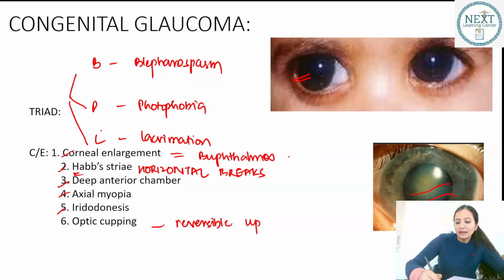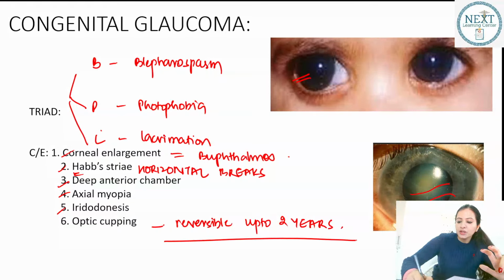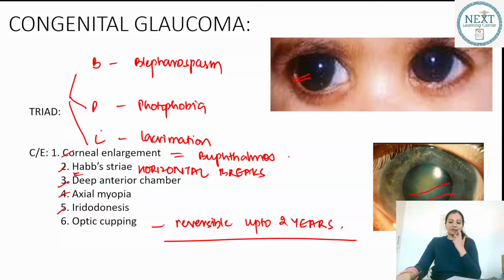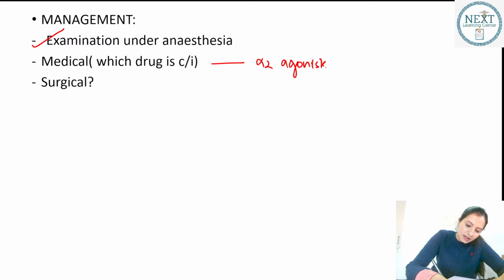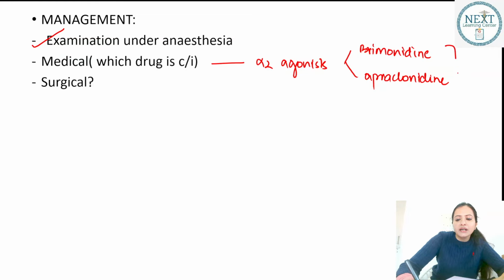So if you correct the intraocular pressure up to 2 years of age, then this optic cupping will be reversible. Management: you have to examine the child under anesthesia. Which drug is contraindicated? Alpha 2 agonists such as brimonidine and apraclonidine. Why are they contraindicated? Because they lead to CNS depression in children.